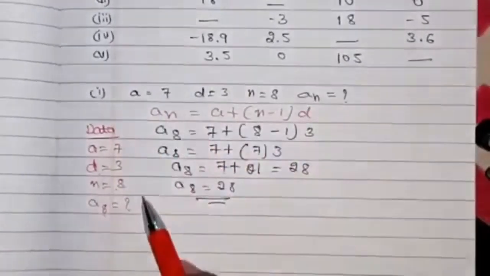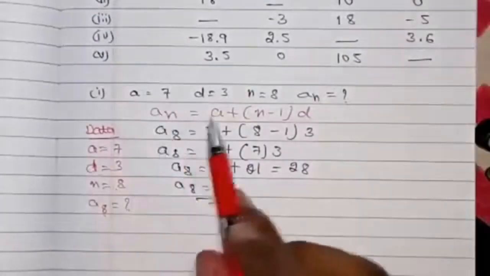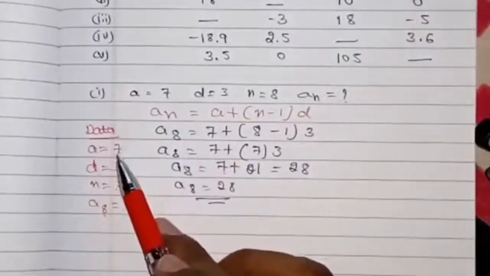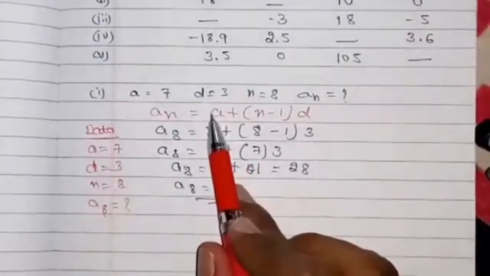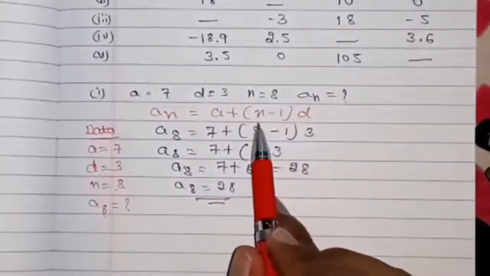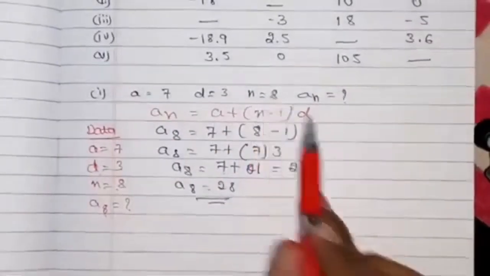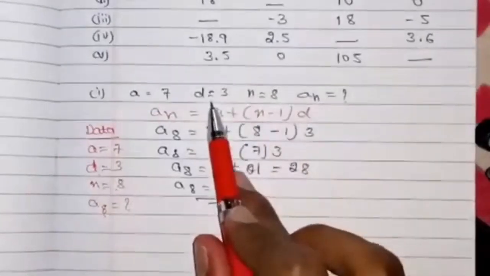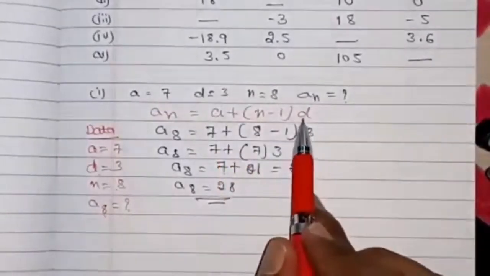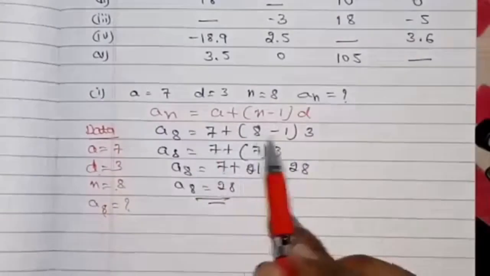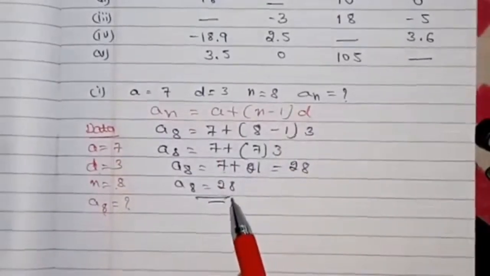Whatever they have given, you need to write down. If they have given the first term, apply its value in the place of a, and apply the value in the place of n if they have given n, and apply the value of d if they have given d. If the common difference is there, just apply the value here and simplify it, children. This is the method to solve it.